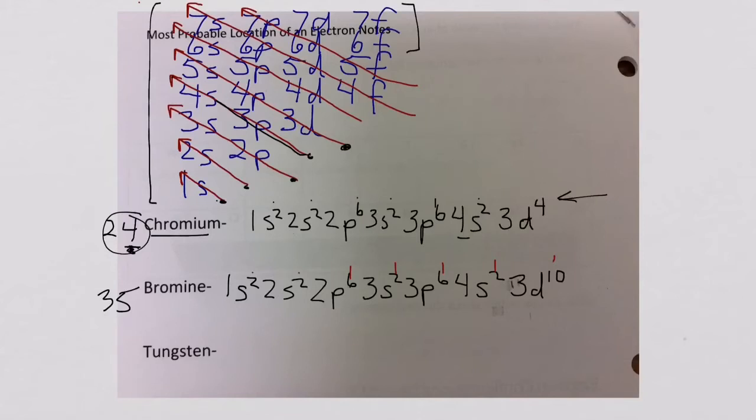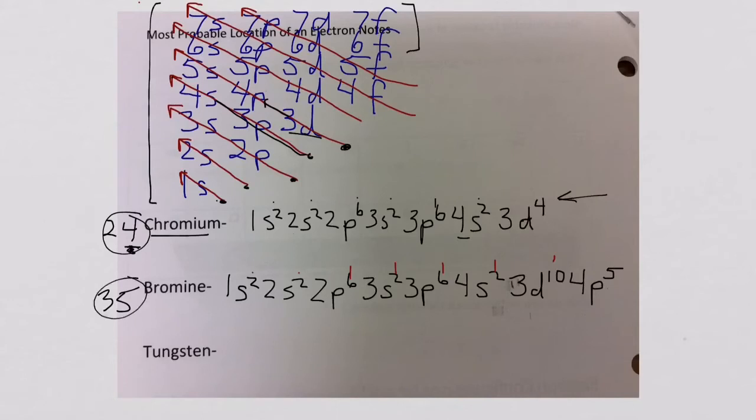So we need to fill 5 more. Well, where do we go after the 3d10? Well, we go to the 4p, and we know the p's hold a total of 6, but this time we have 5 of them. And if you add that all up, it adds to 35.